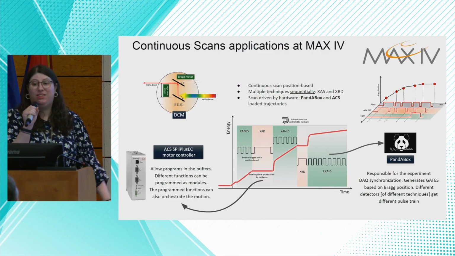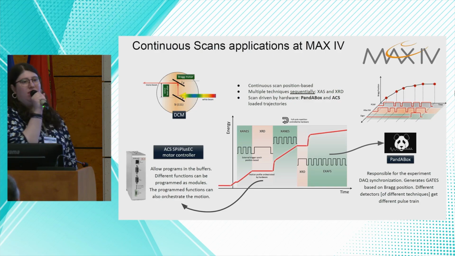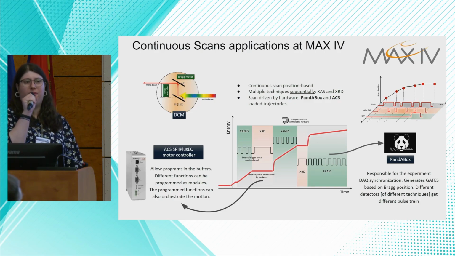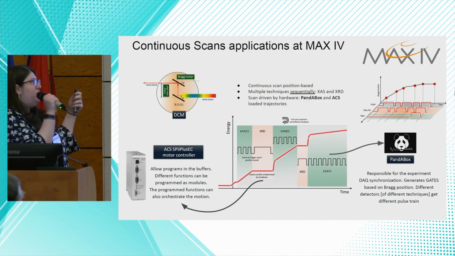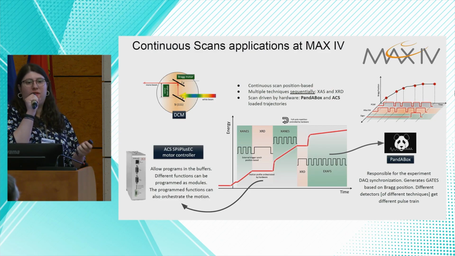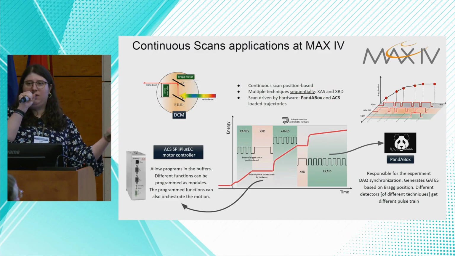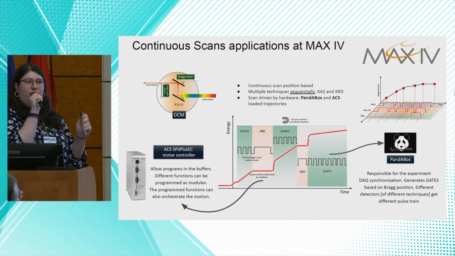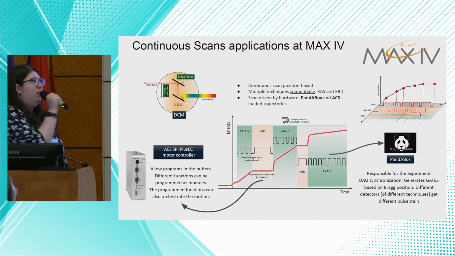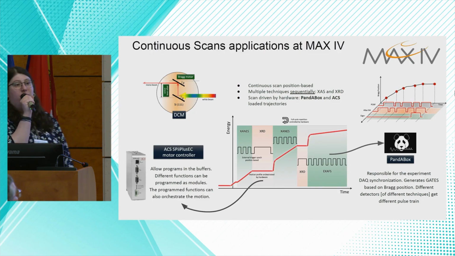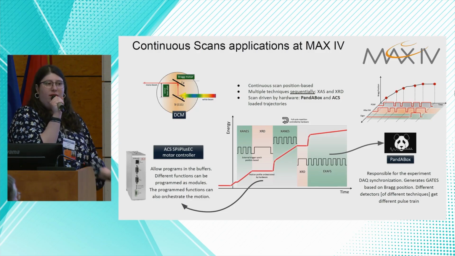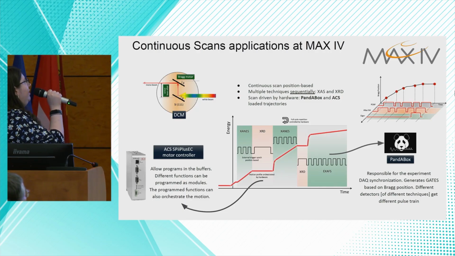So the first use case we have from Axor is a continuous scan, position based. The biggest difference of this one is that it is a multi-technique system where different techniques are performed sequentially and fully orchestrated by hardware. This use case comes from an X-ray spectroscopy beamline, whose main experiment is basically scanning the energy from their double crystal monochromator.